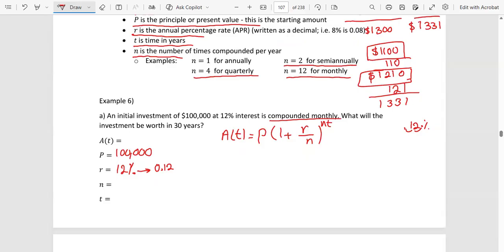Since it's compounded monthly, we have 12 months in a year. T is the number of years. We want to see how much the investment will be worth in 30 years, so T is 30. And we want to find how much is in the account after 30 years. That means A.